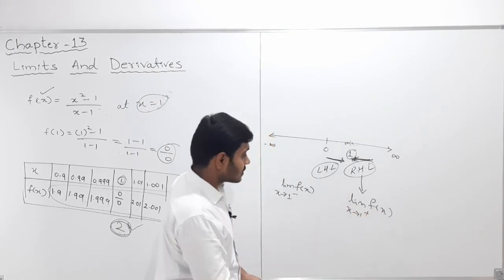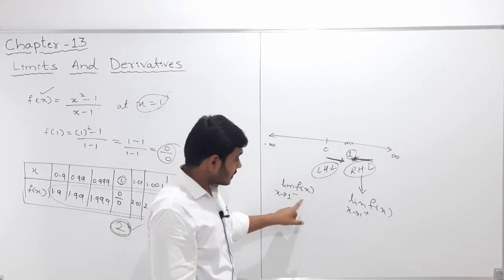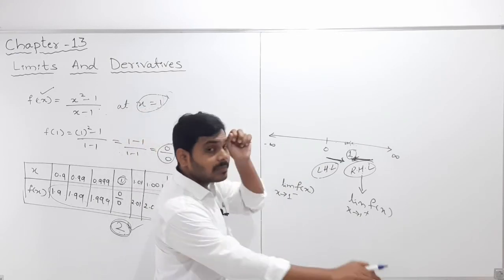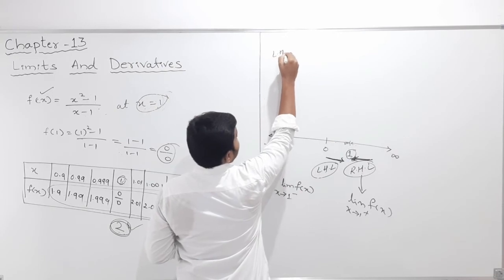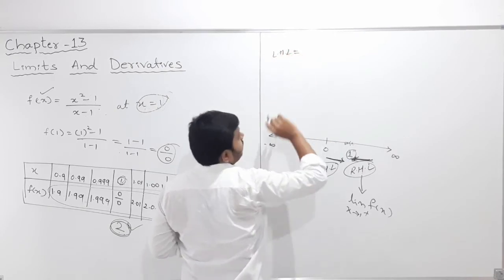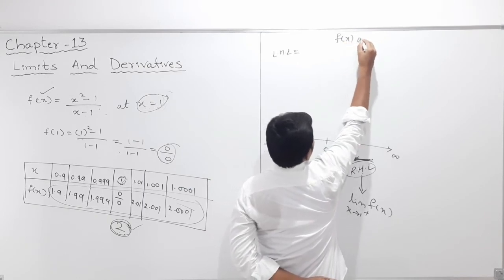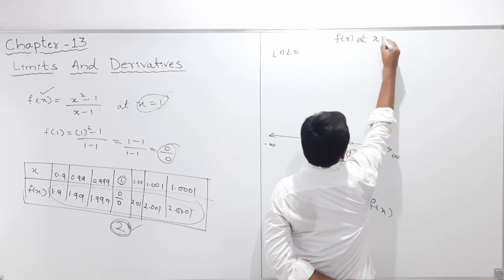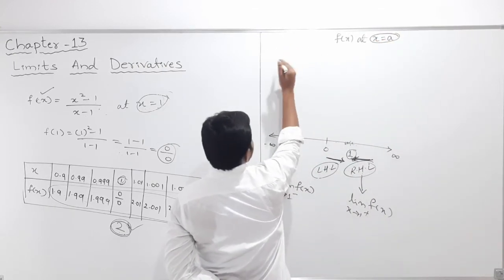So my dear students, please remember, in this case I wrote it at x equals 1, but generally the left hand limit is written as follows. If we have the function f of x and we are checking the limit at a point x equals a, this is the general definition.